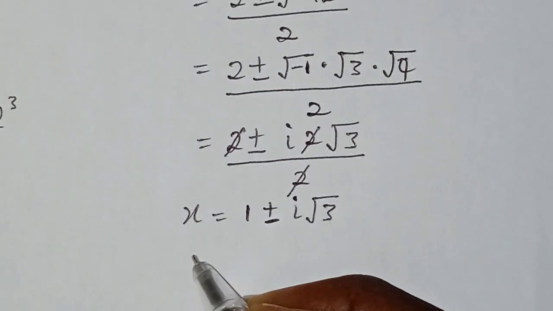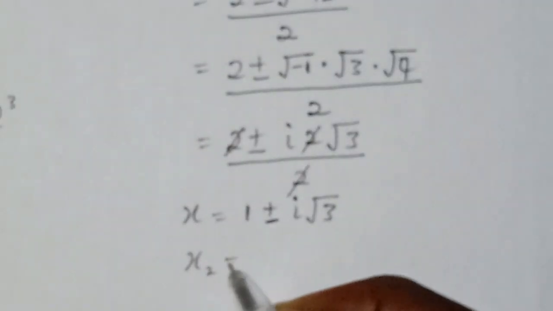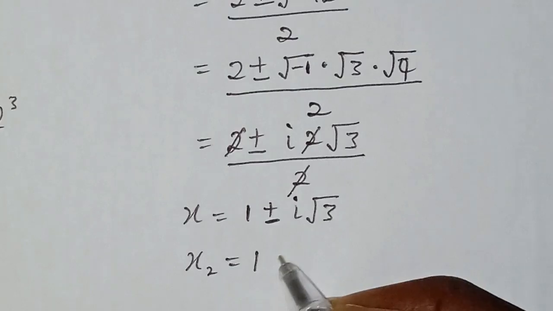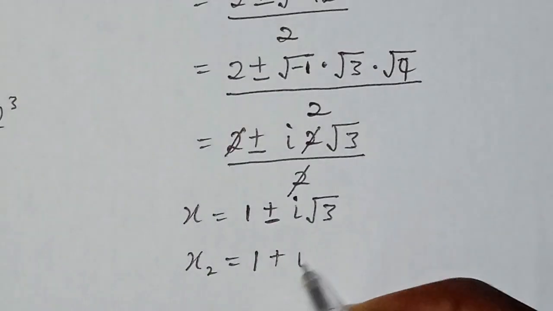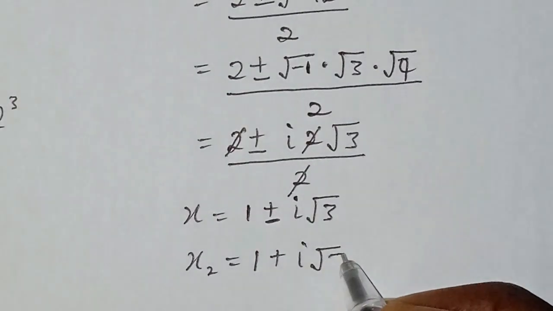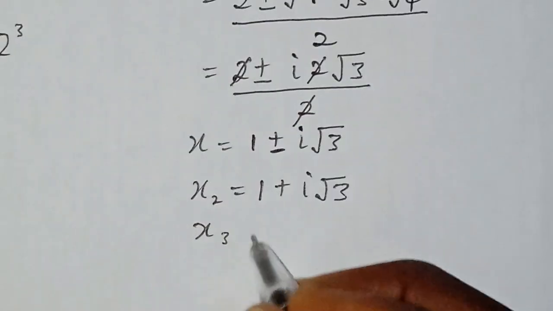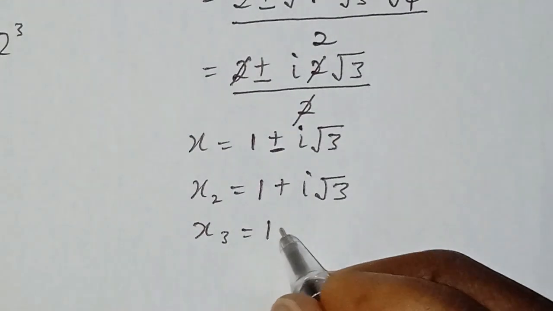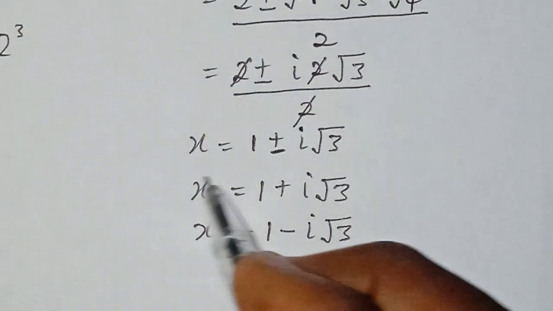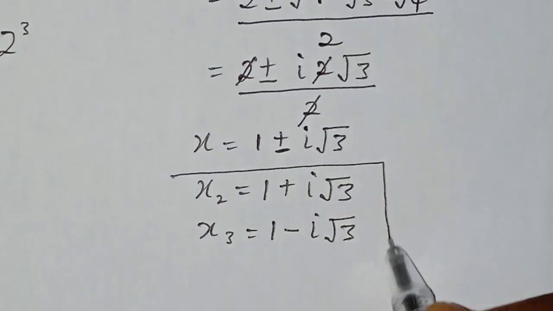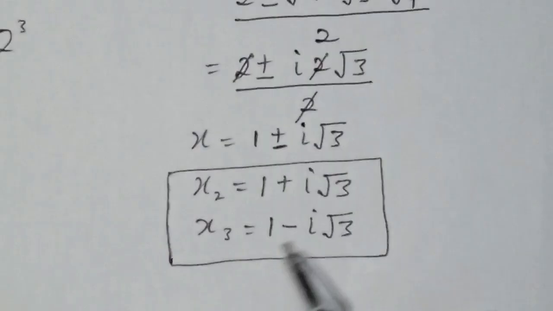So we have x2 equal to 1 plus i square root of 3, and x3 equal to 1 minus i square root of 3. So we have now gotten 3 values of x.